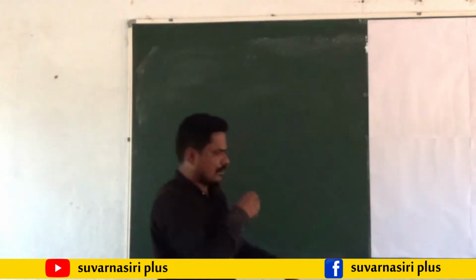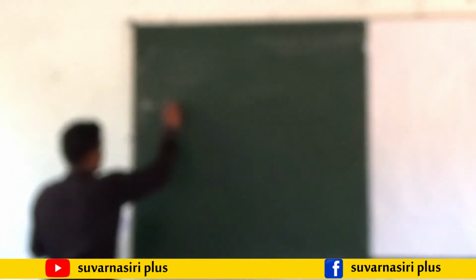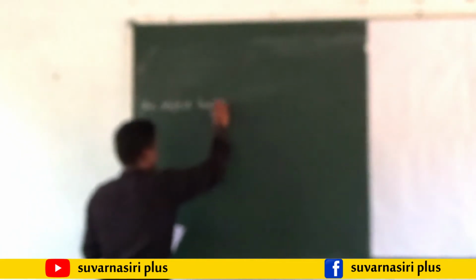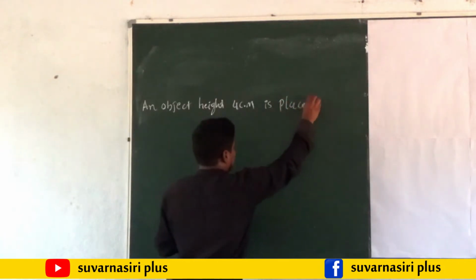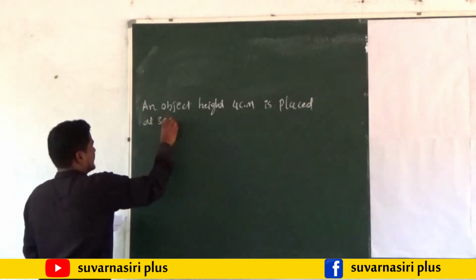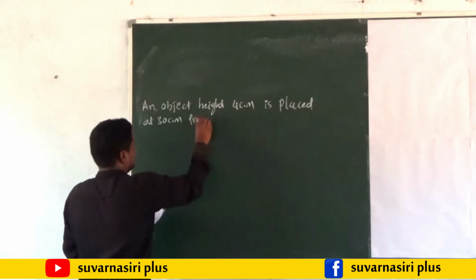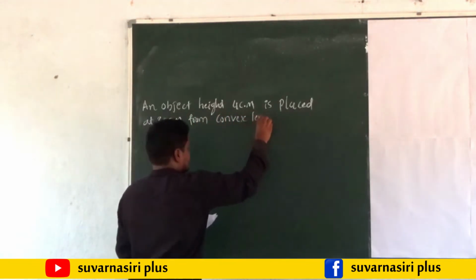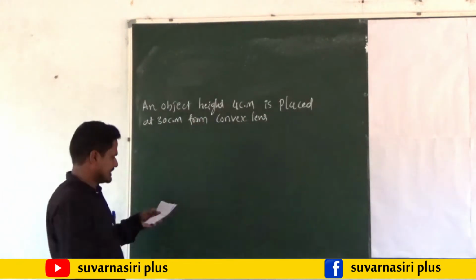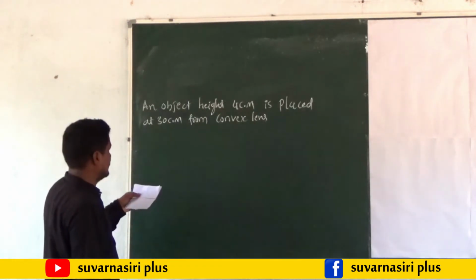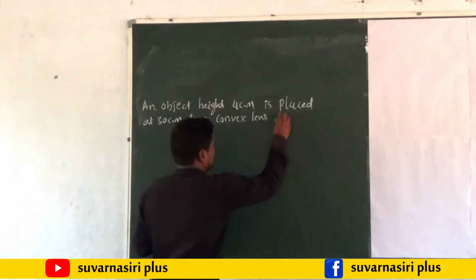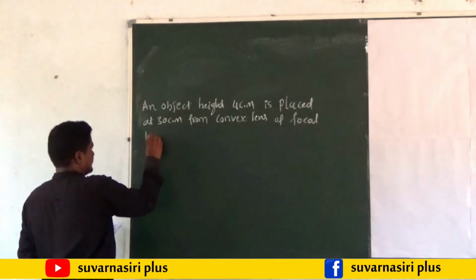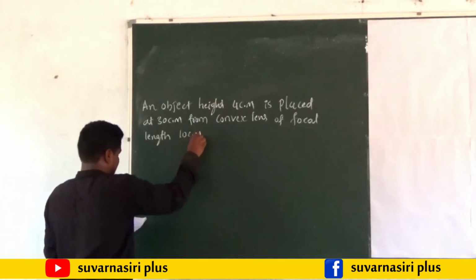So here we are discussing one problem. An object of height 4 cm is placed at 30 cm from a convex lens of focal length 10 cm.